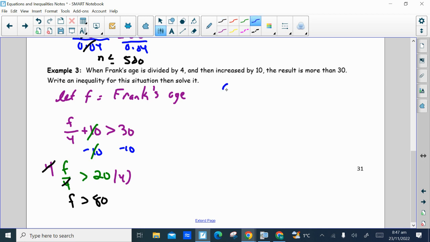So if we're going to check this, let's let f equal 82. Just because I have to divide it by 4, so I'm choosing an even number. So divide by 4.